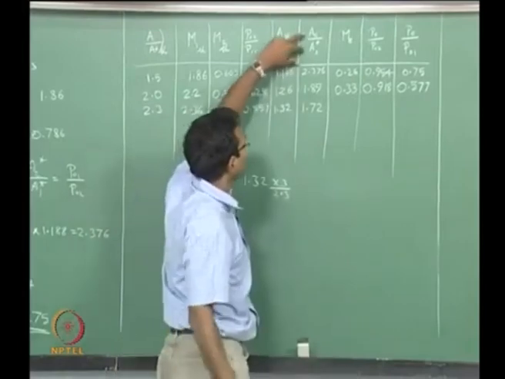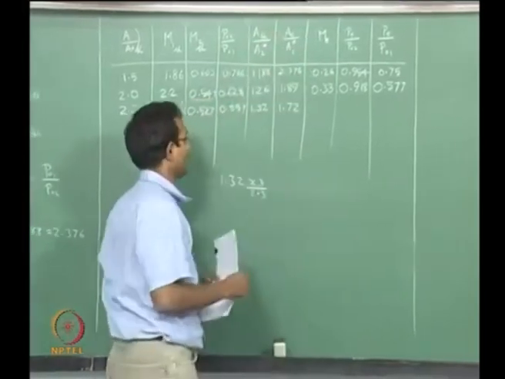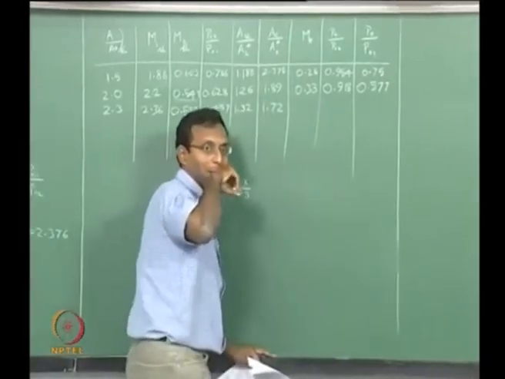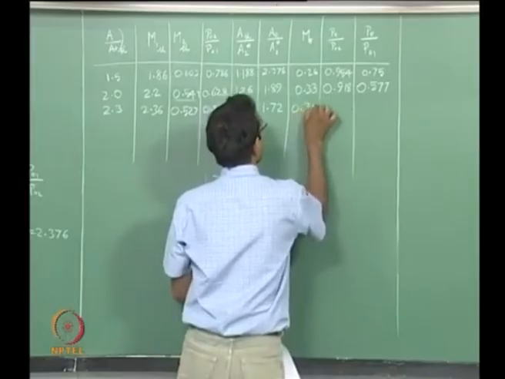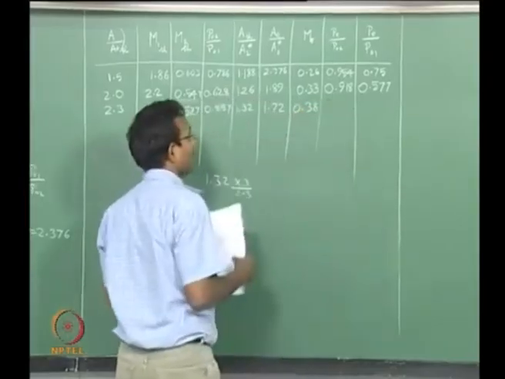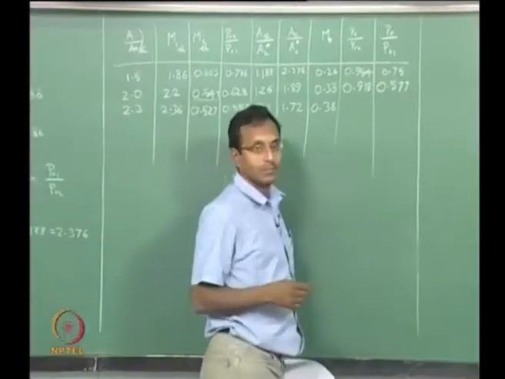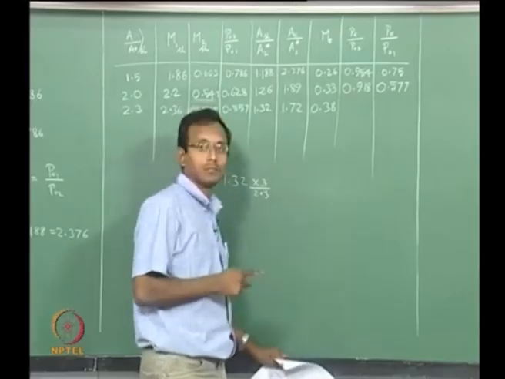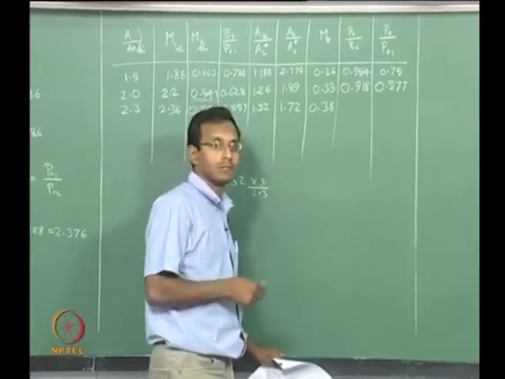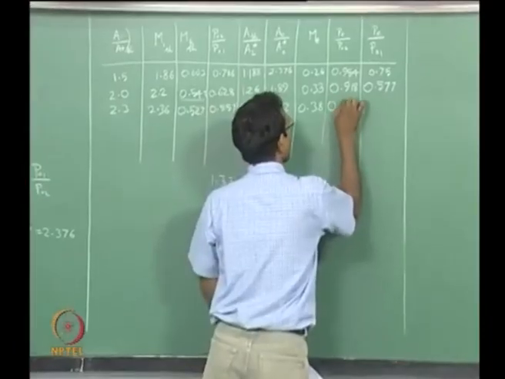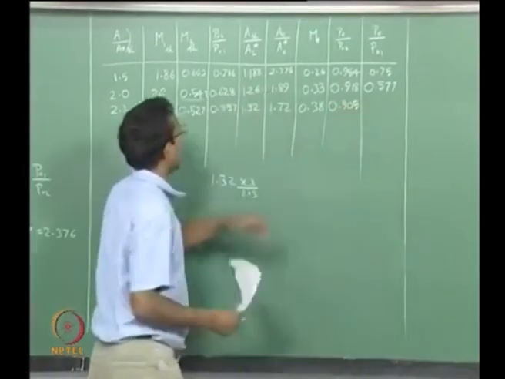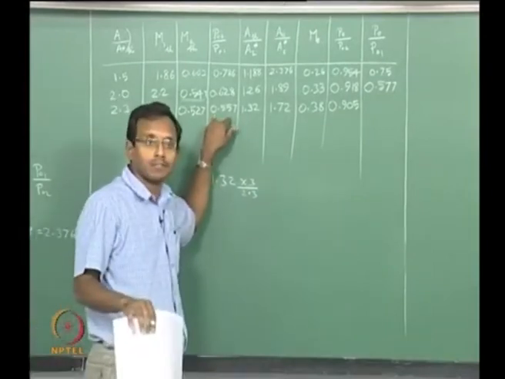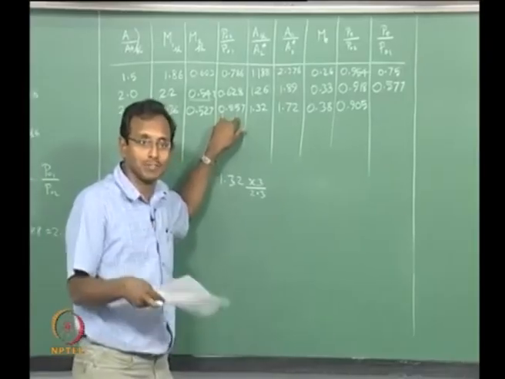Now we go back to isentropic tables, A by A star giving Mach number. 0.38, and for that condition I want P by P naught. 0.905, that multiplied with 0.557, so next number. Okay, you guys understanding the procedure? That's the same sequence we keep on going.